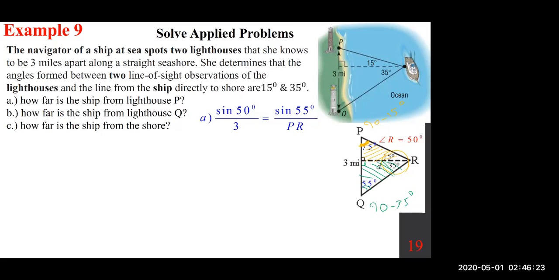This is sine of Q and this is sine of R. Does that make sense? Cross product will find PR, the distance between P and R, is 3.21 miles.